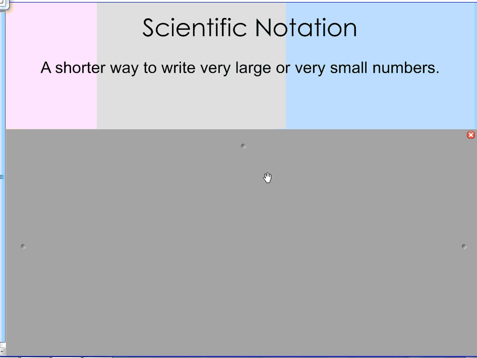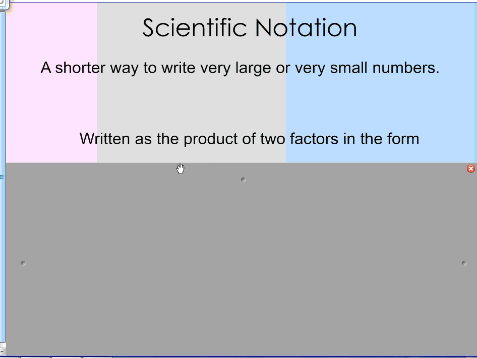If they're working with microorganisms, they're going to use really small numbers, and oftentimes it's easier to write them in scientific notation, okay? Or if you're talking about space and really, really big things, you're going to also want to use scientific notation.